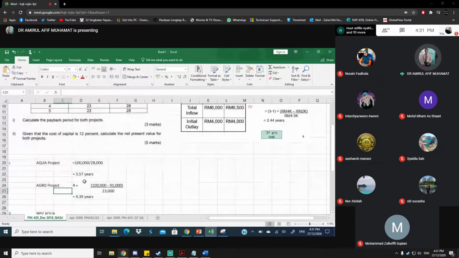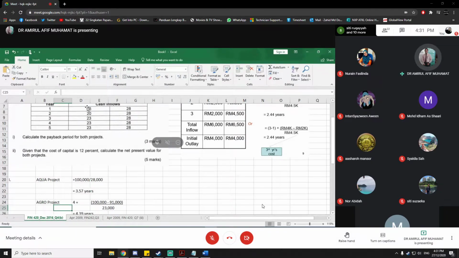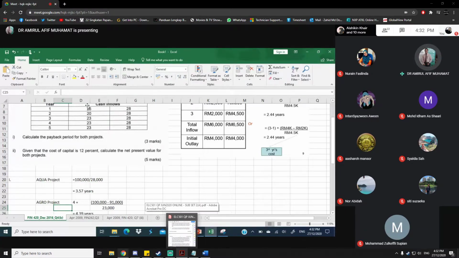So that's why 4 years here, because all income from the first year until the fourth year will nearly cover the initial outlay, but it's not yet 100%. It's not enough.